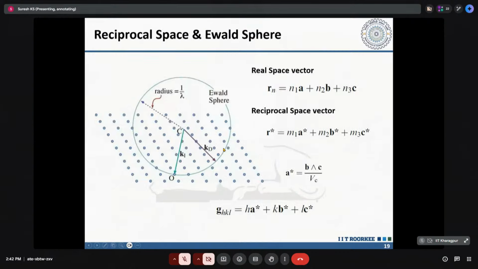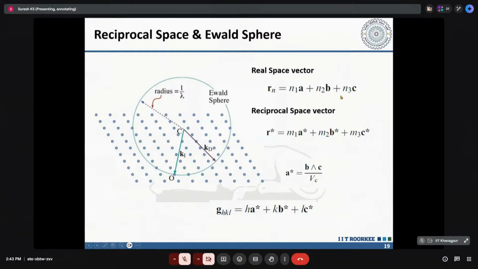For this, let us go back to the construction of the Ewald sphere and reciprocal space. Assuming the real space vector is given like this, wherein A, B, C are the unit cell vectors and N1, N2, N3 correspond to the number of unit cells along each of these base vectors.